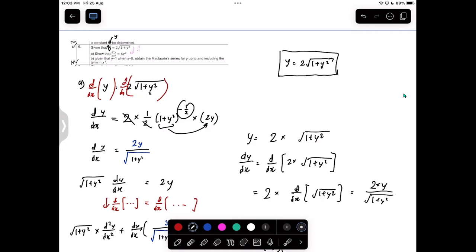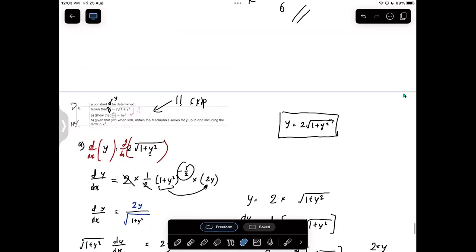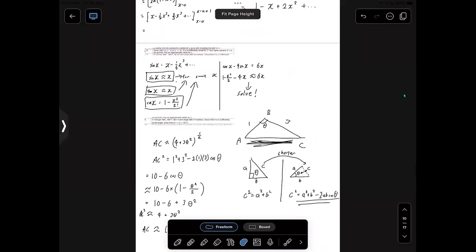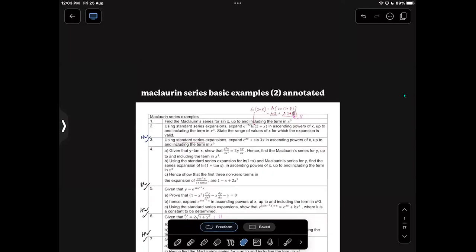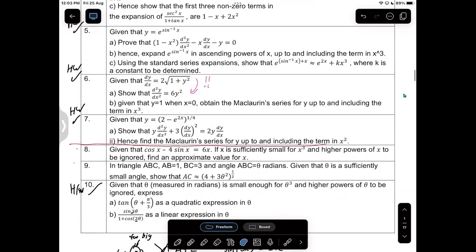I think this one I'll get back to you on question 6. I have to check again. Okay, sorry, there's some error. Maybe I made a mistake somewhere. I need to go and check. I'll send you a solution after class. Then question 7, let's go. Next one.